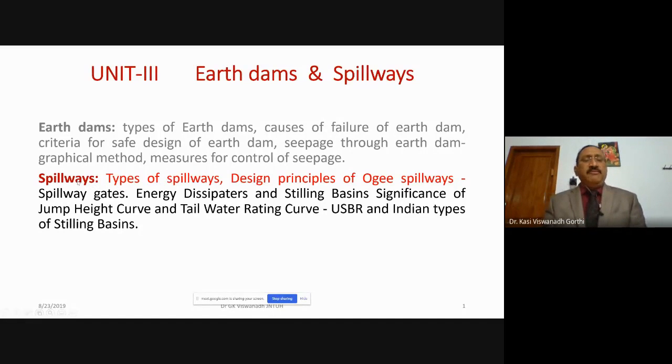In this spillways topic, as per our syllabus, we will be looking into the types of spillways and the design principles of the ogee spillway, which is a special type of spillway.